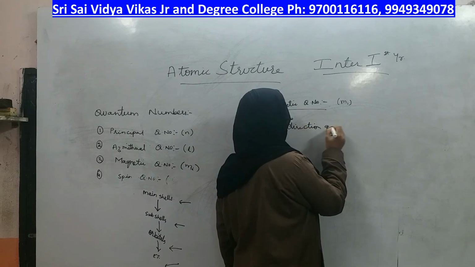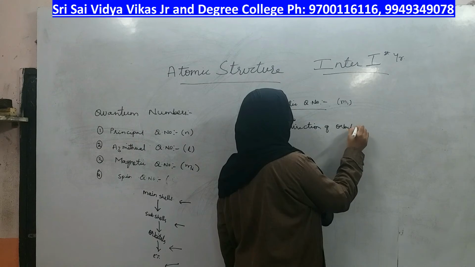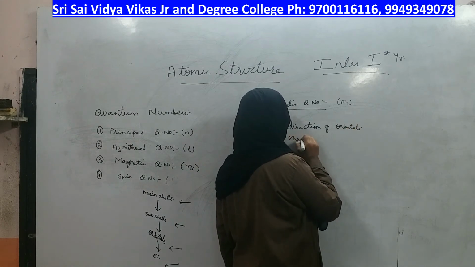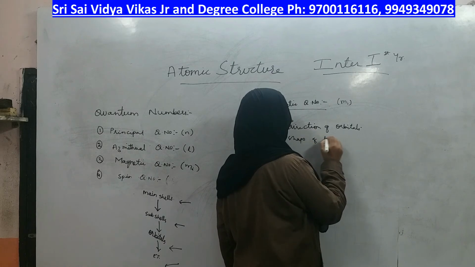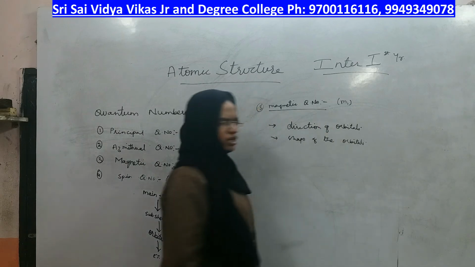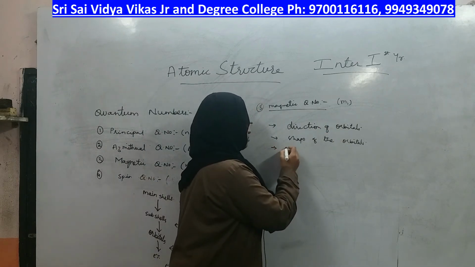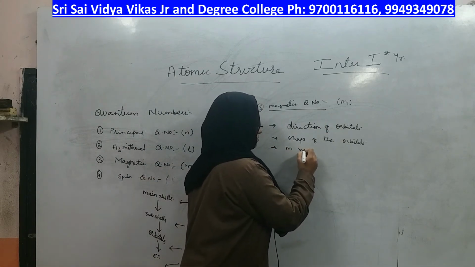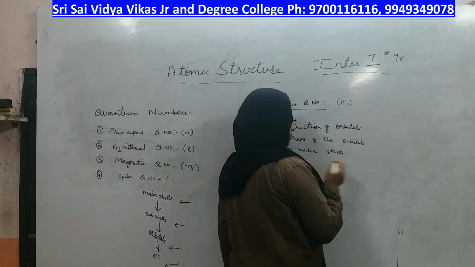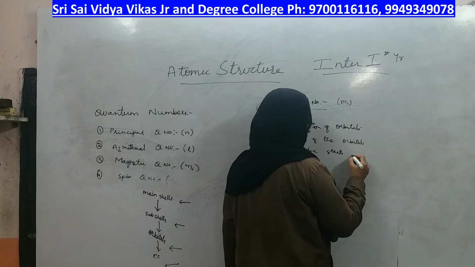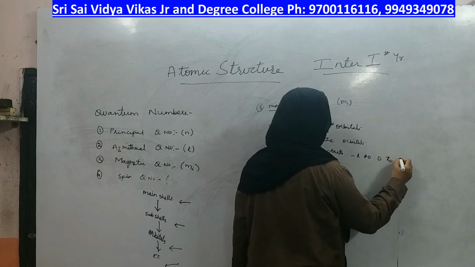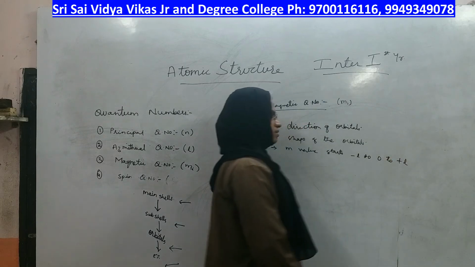The direction and shape of the orbitals will be decided by the magnetic quantum number, and its value, if you know the L value, starts from minus L to 0 to plus L, right?